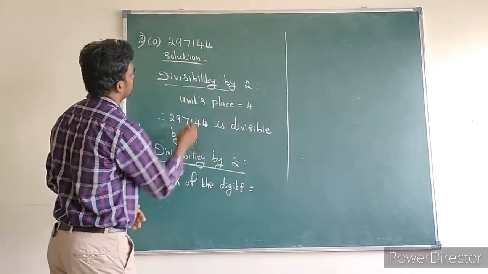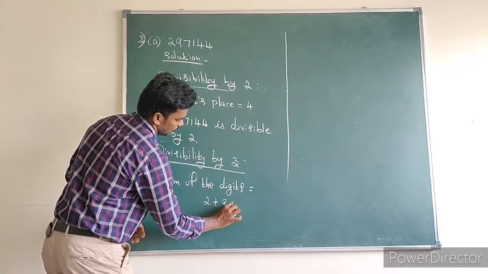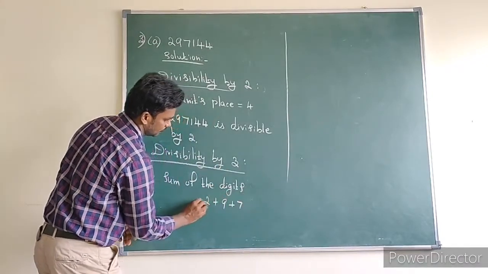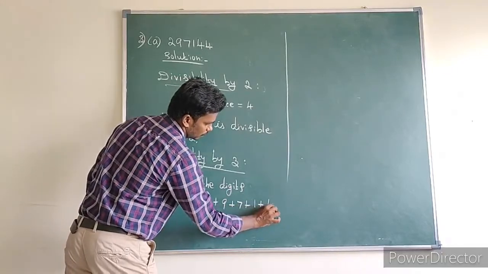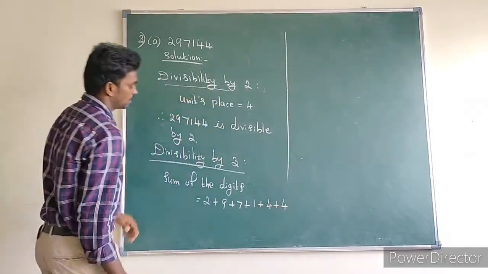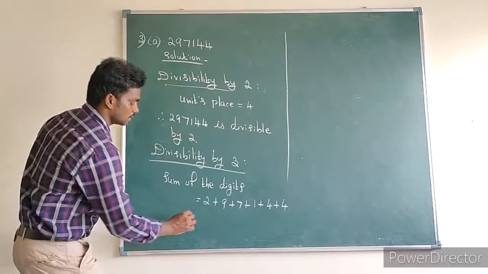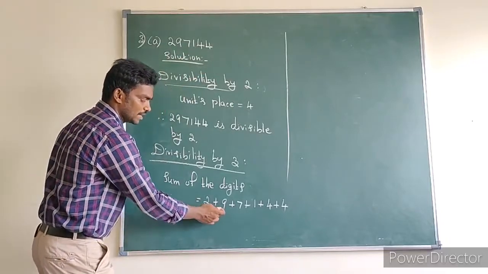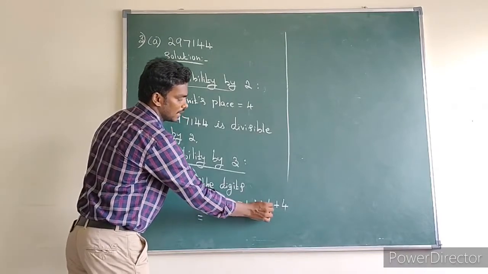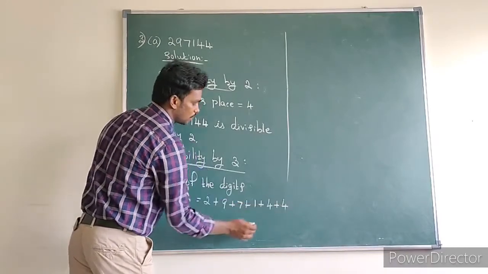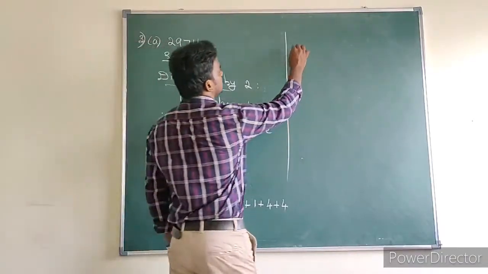What is the sum of the digits? 2 plus 9 plus 7 plus 1 plus 4 plus 4. 2 plus 9, 11. 11 plus 7, 18. 18 plus 1, 19. 19 plus 4, 23. 23 plus 4, 27. 27 is a multiple of 3.